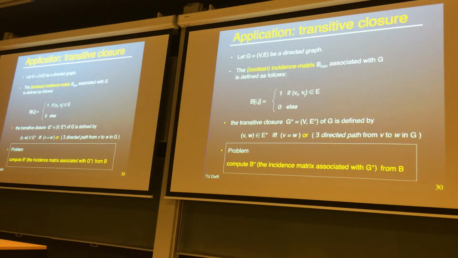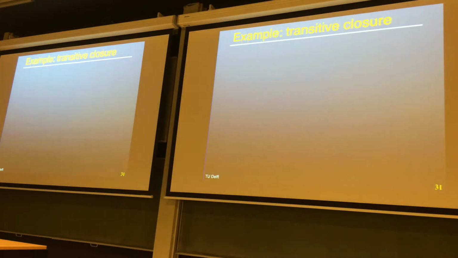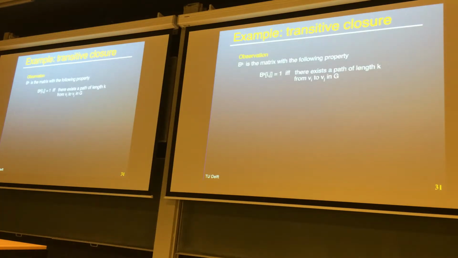So how to come up with an algorithm for computing B star? Well, that requires some explanation and some observations. First of all, I take a power of B, the kth power.